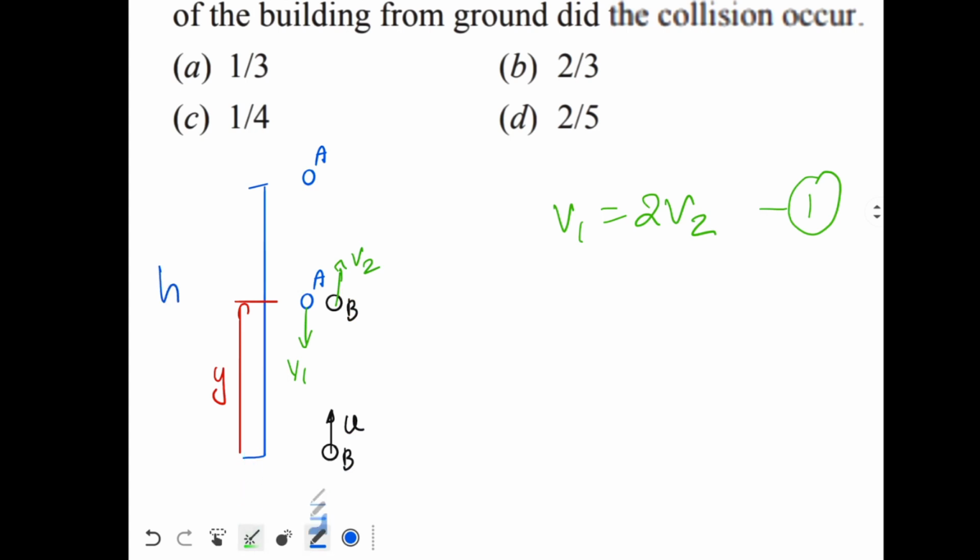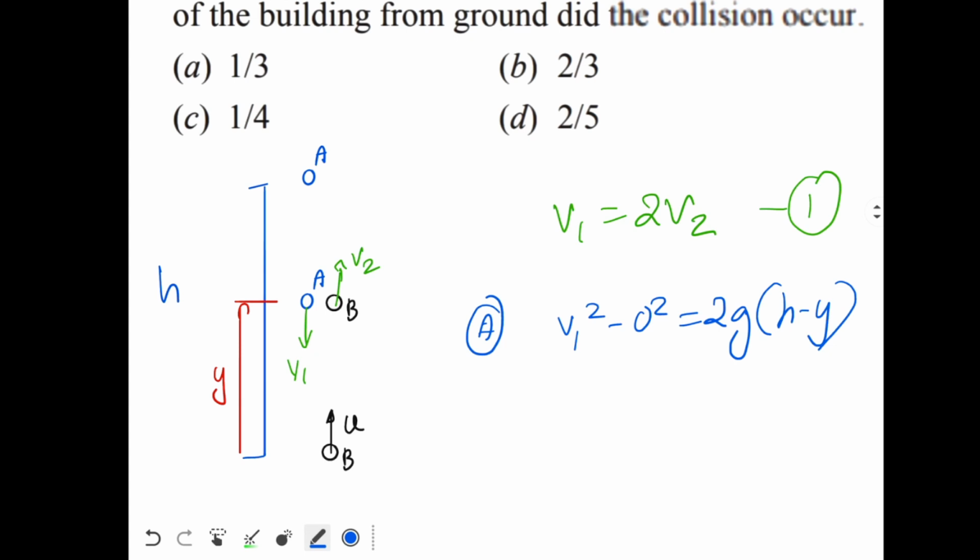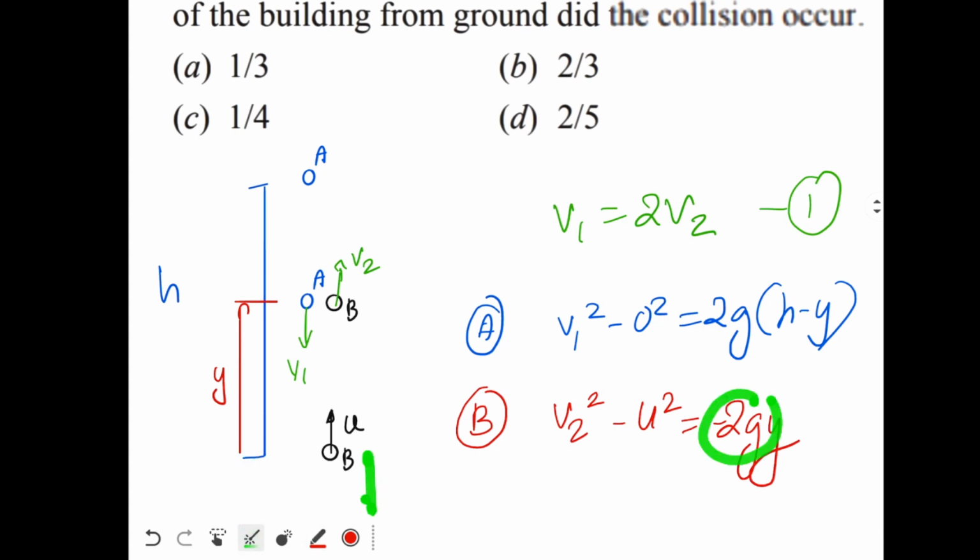So for the ball A, v1 square minus 0 square equal to 2g(h minus y). Similarly, for the ball B, I can write down v2 square minus u square equal to minus 2gy. Minus sign for B because its acceleration is downwards while it is going up.